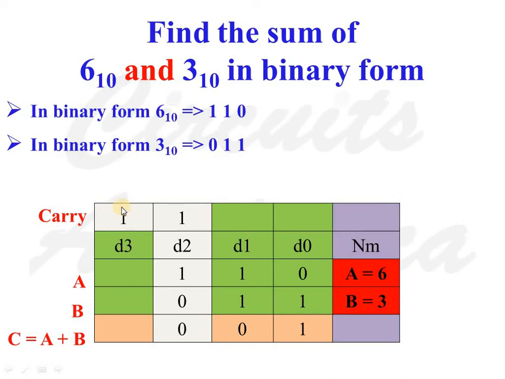Carry out is equal to 1. So now carry in is equal to 1 and the two bits are 0 and 0. So sum of these three bits 1 plus 0 is equal to 1. So result of the addition operation is equal to 1, 0, 0, 1, which is equal to decimal number 9.